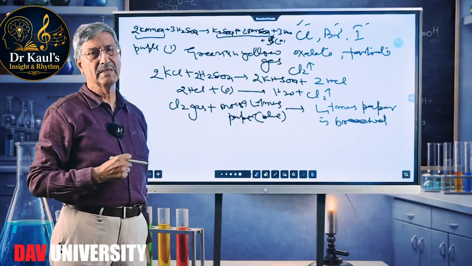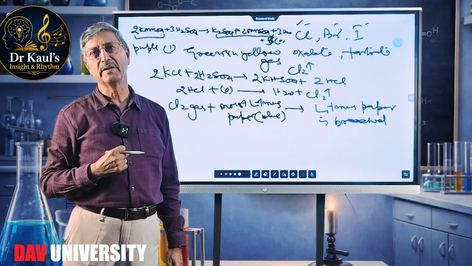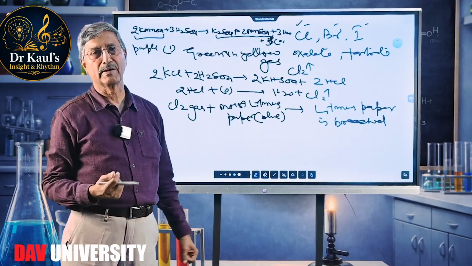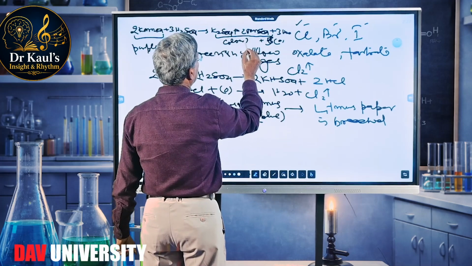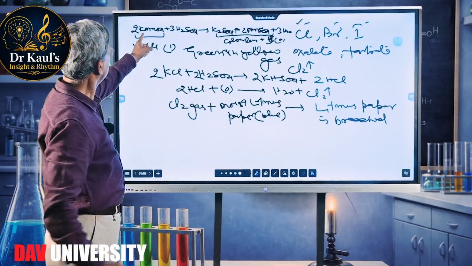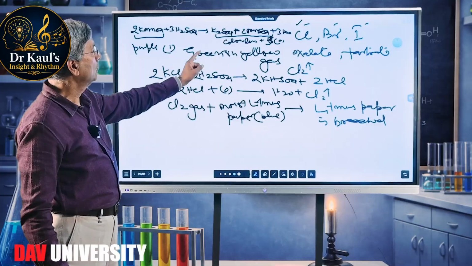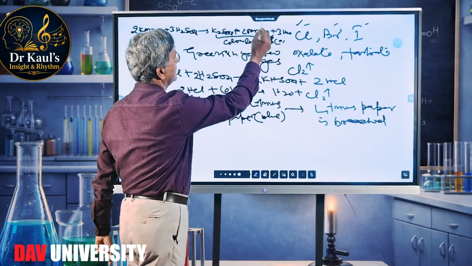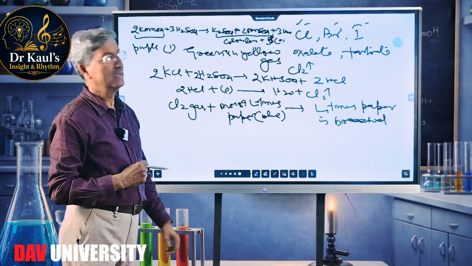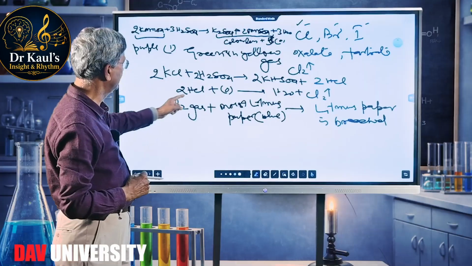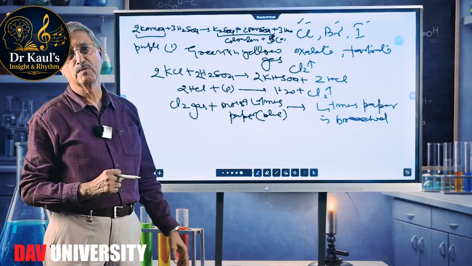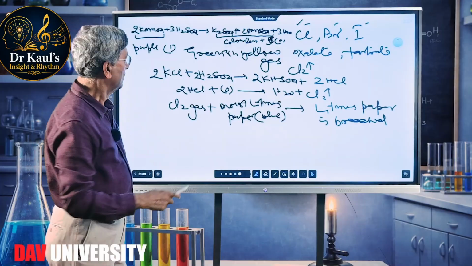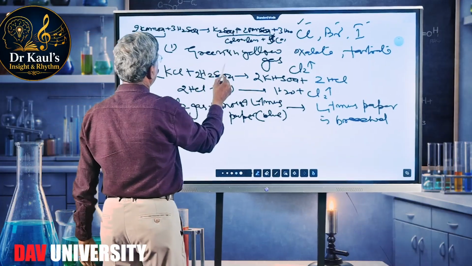MnSO4 is very light pink in color, but in dilute solution it is almost colorless, so we'll write it as colorless. This reaction will proceed in the forward direction only if the nascent oxygen is consumed. The nascent oxygen is consumed by the HCl, so the reaction goes in the forward direction and the color of the KMnO₄ gets discharged. So this is how we confirm the chloride.